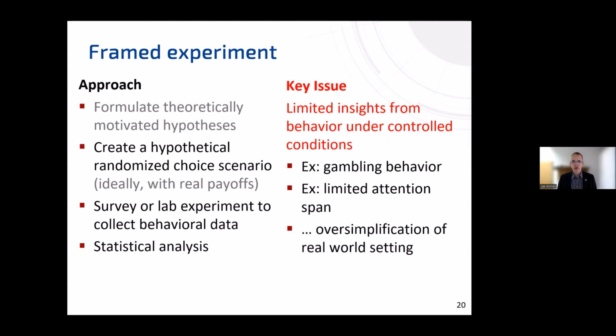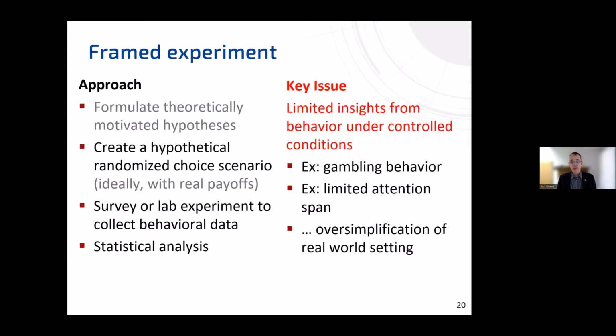But now there is another key issue. So now we have perhaps solved the problem of causal inference, but we have to deal with people who might be behaving somehow differently in this hypothetical setting. Their so-called gambling behavior, because it's not about so much money.